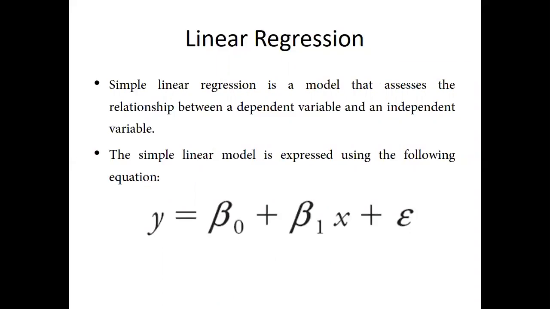It is a part of predictive analysis, which is used to understand the relationship among the variables. So simple linear regression is a model that assesses the relationship between the dependent variable and an independent variable.